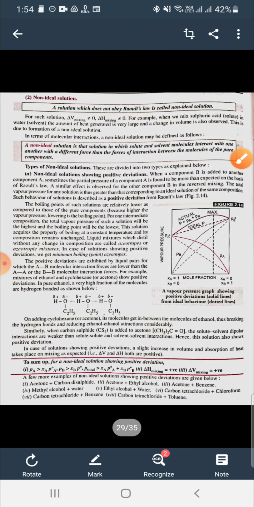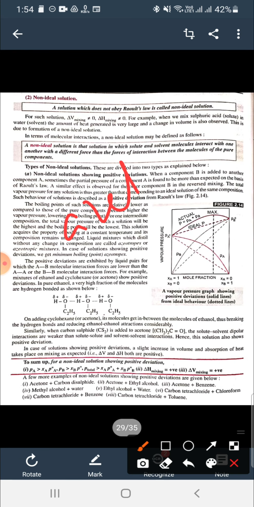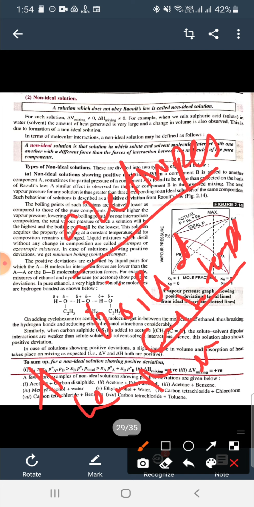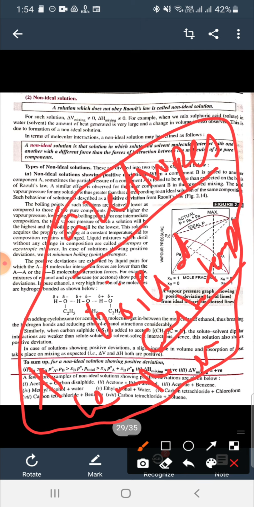So there is a term, azeotropes. These are solutions which boil at a constant temperature and whose composition cannot vary; the composition remains unchanged. These are known as azeotropes or azeotropic mixtures.